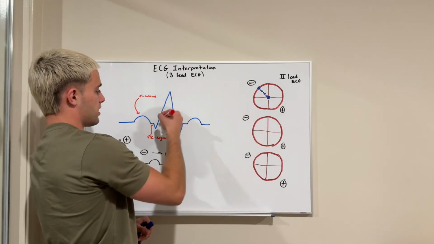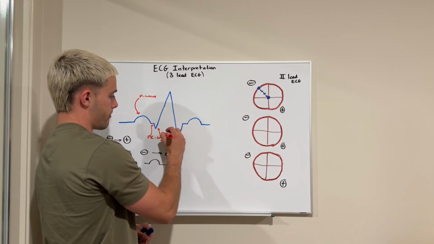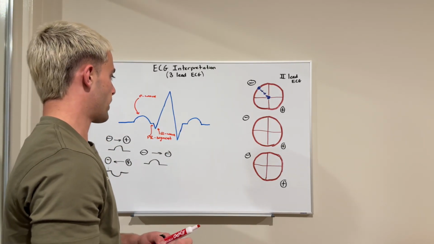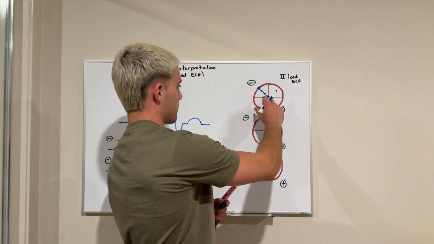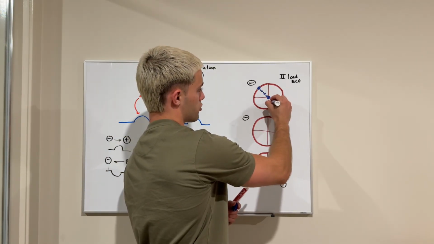Then we have the Q wave. And during the Q wave, we have the action potentials moving down through the intraventricular septum.